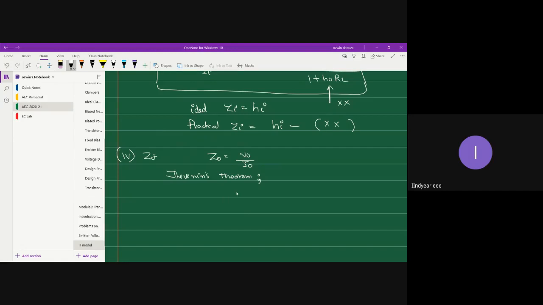In Thevenin's theorem we set source voltage Vs equal to 0. By setting Vs equal to 0, you can write down first the Vs expression.